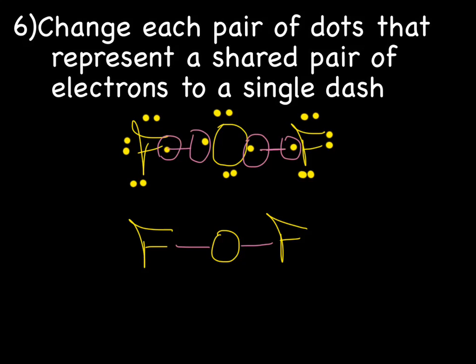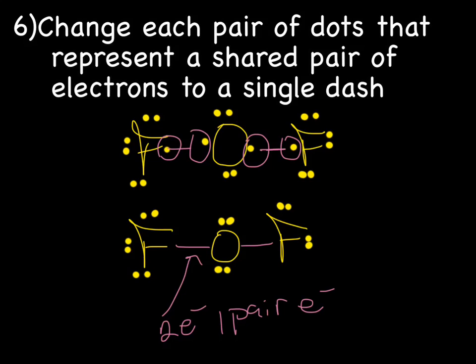So this represents 2 electrons, or 1 pair of electrons. And then we just fill in. Let's put all our other valence electrons back. And that is the Lewis-Dot structure for OF2.